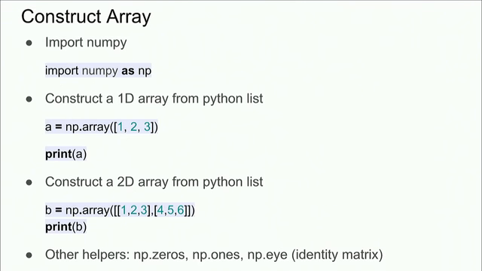So let's first go through the first step. When you open up a Python shell, how can you construct a NumPy array? Basically, first you need to import the NumPy module, as with other different modules in Python. To construct a 1D array from a Python list, you just simply call this array function, and you give the Python list containing the values you want into this function.